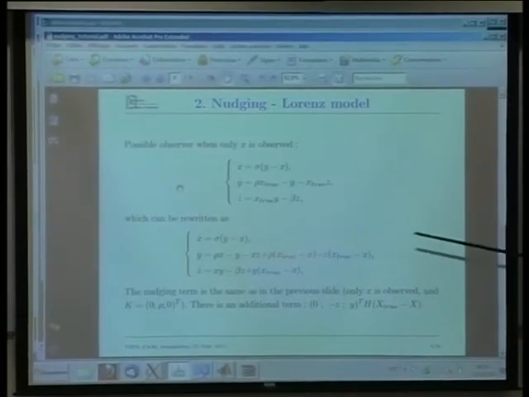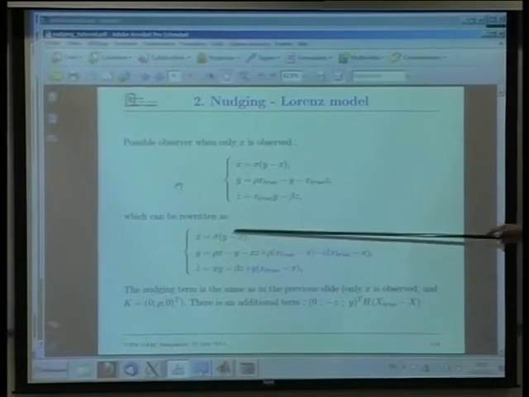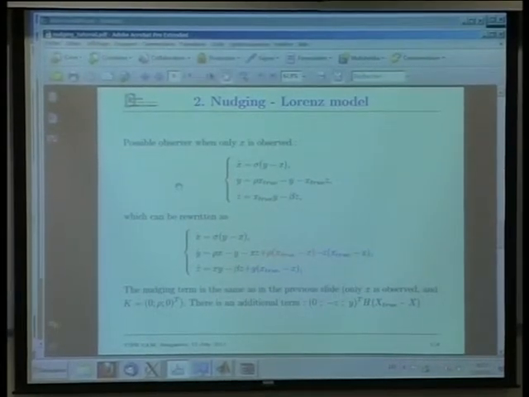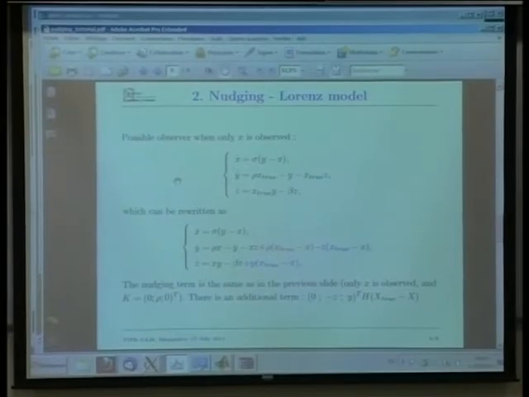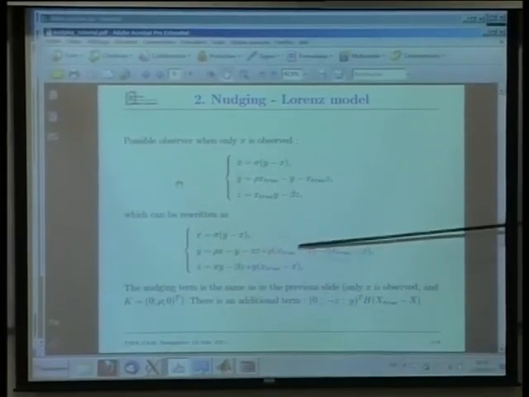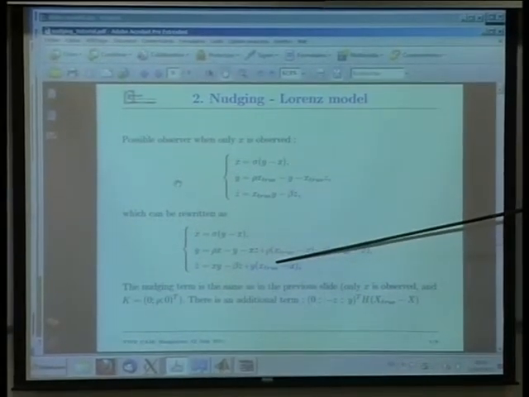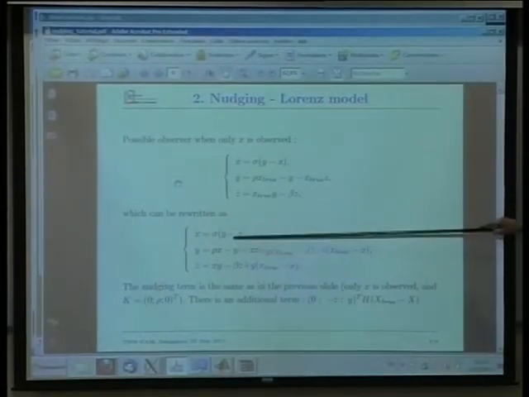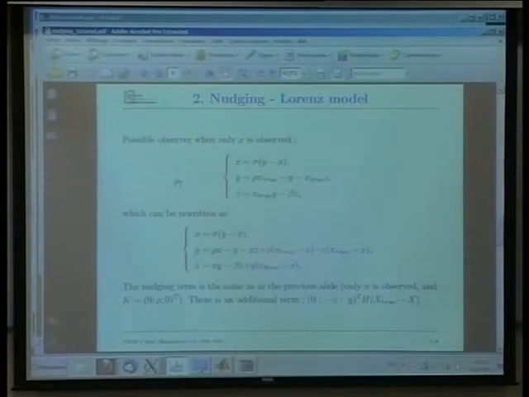And the idea is that if you start with another initial condition, you solve the Lorenz equation, you will get another solution. And if you add these 3 nudging terms here, with the feedback to the true solution, then this solution will converge to the true solution.